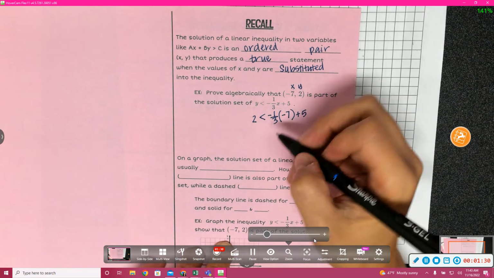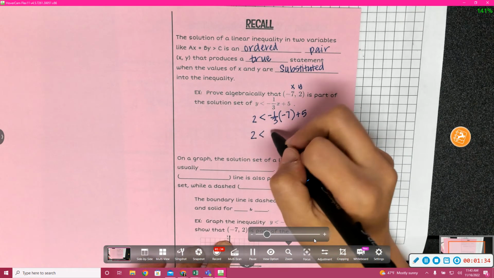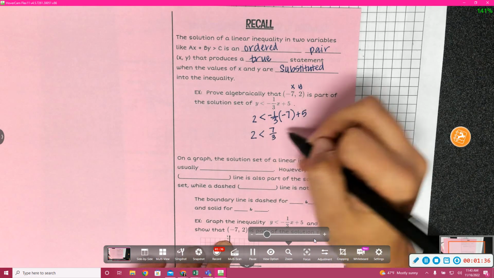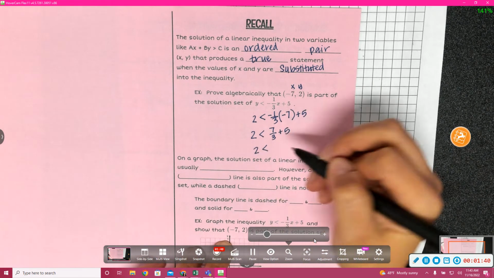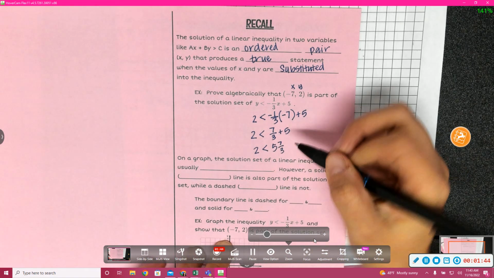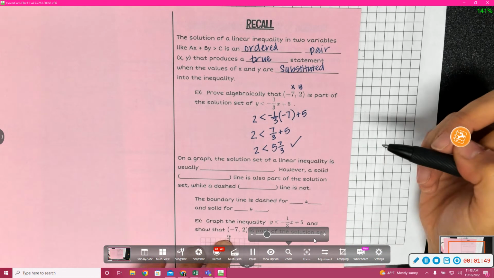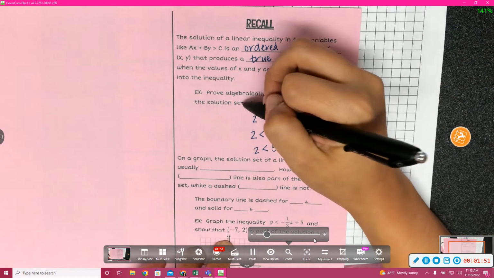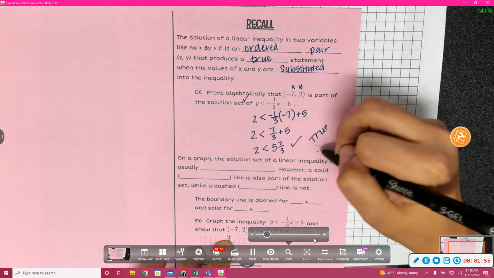You go through and do your math. 2 is less than or equal to positive 7/3 plus 5, which I'm just doing mental math, would be 5 and 7/3, which we know 5 and 7/3 is in fact greater than 2. So this is why it is part of the solution set. So therefore, solution.